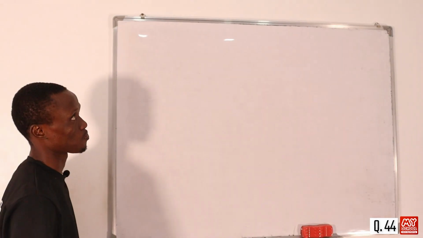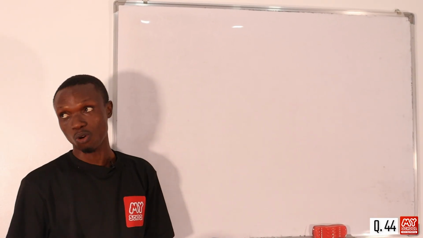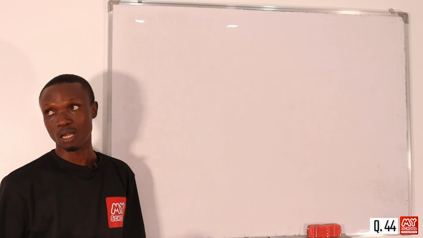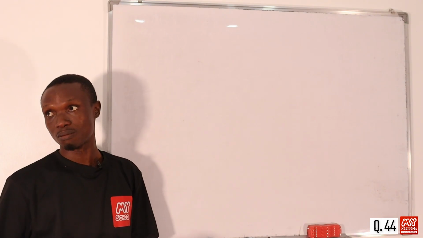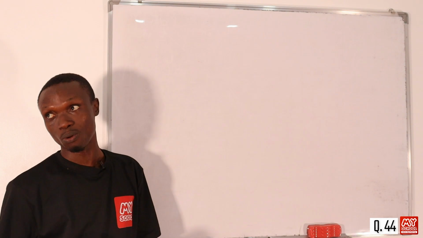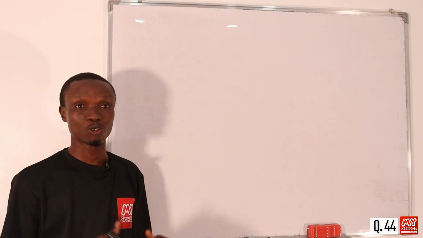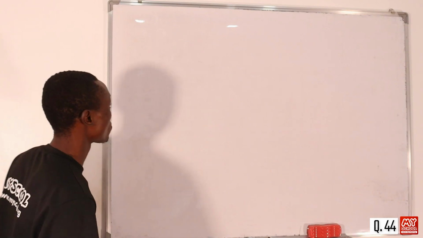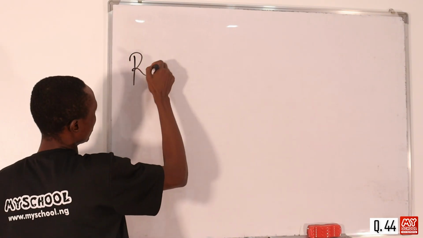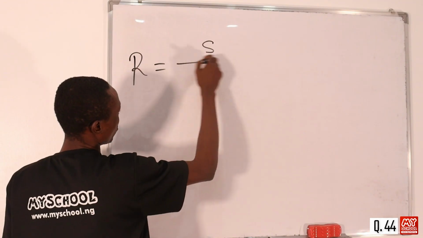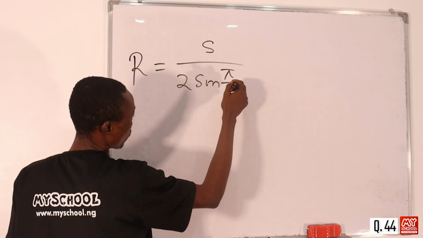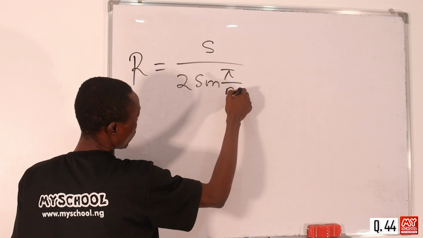So if we want to calculate the radius of a circle that covers a regular polygon, that is, if we want to calculate the radius of the circumcircle of a regular polygon, we simply use the formula R is equal to s all over 2 sine theta, where theta is pi all over n.